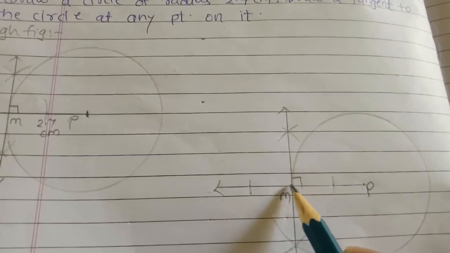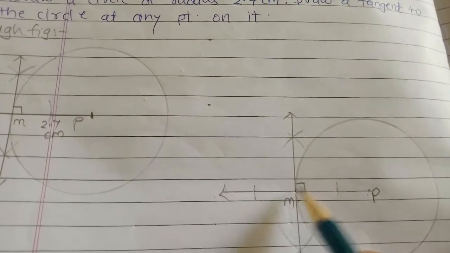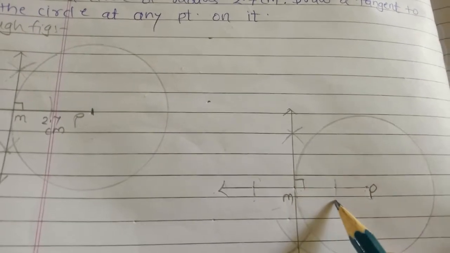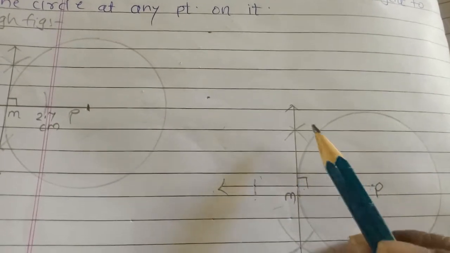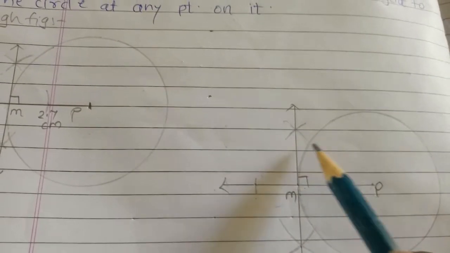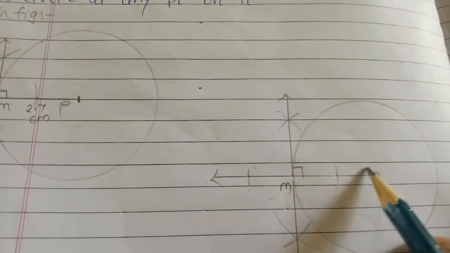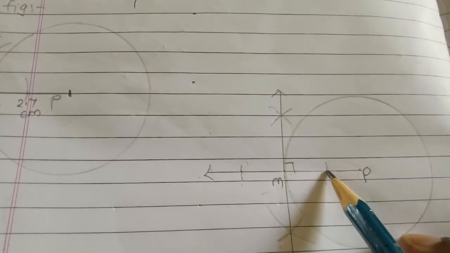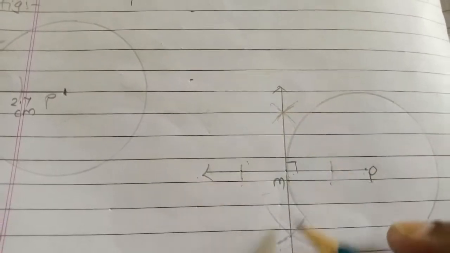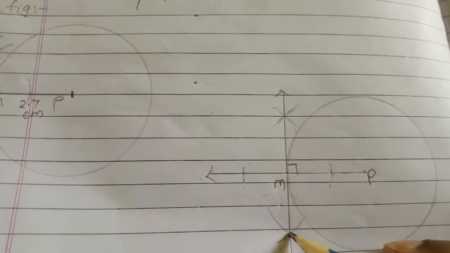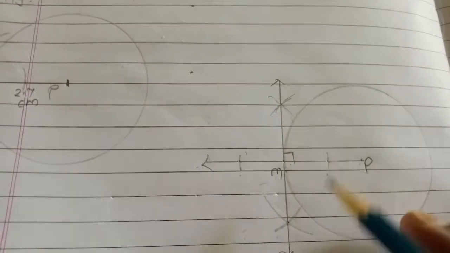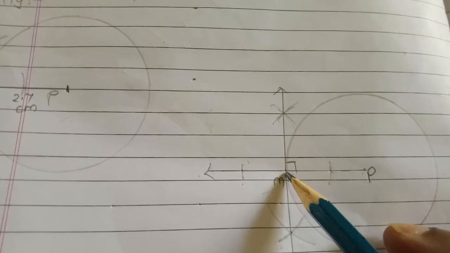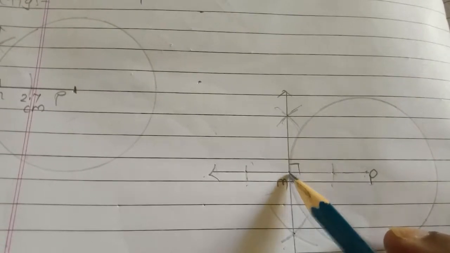Again we have to put down the rounder on M and make a mark on this side and this side, and again you have to put your rounder on M, take some distance and make a mark on this side, similarly on the lower side, and keeping the distance same, you have to put your rounder here and make intersecting marks here, and then you have to join these 2 points, so this point and this point, and make a line passing through it, which touches at point M. So this one is the tangent to the circle.